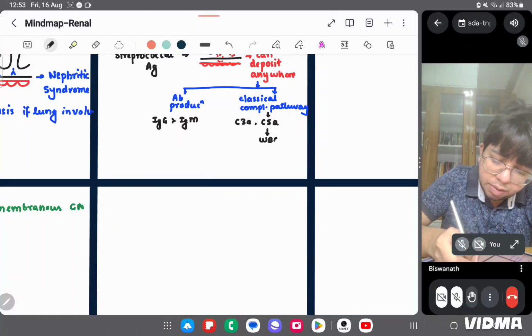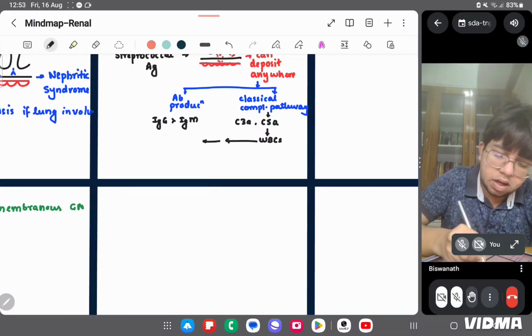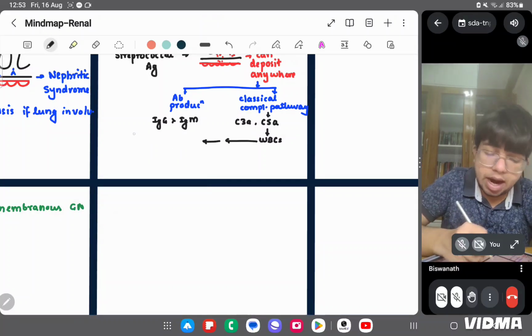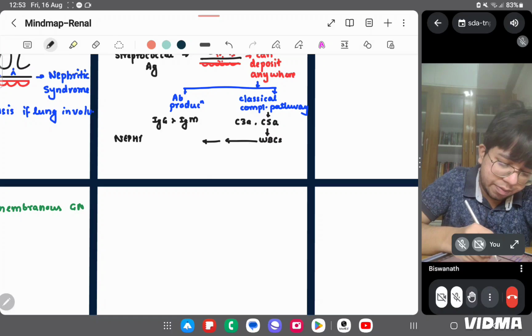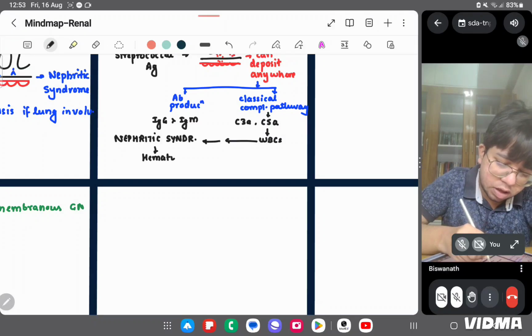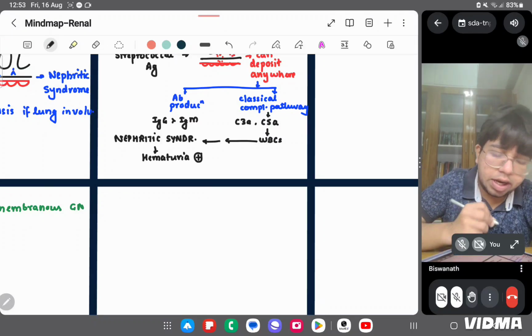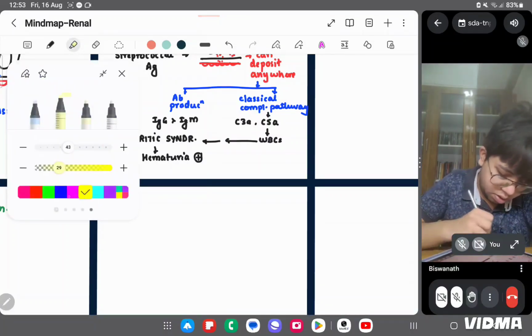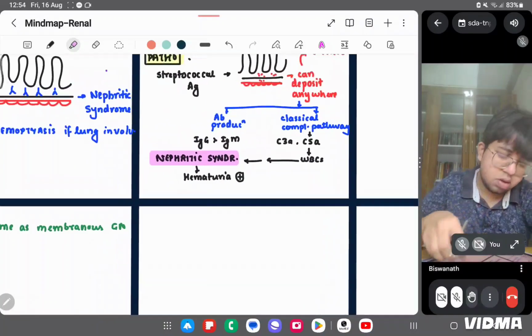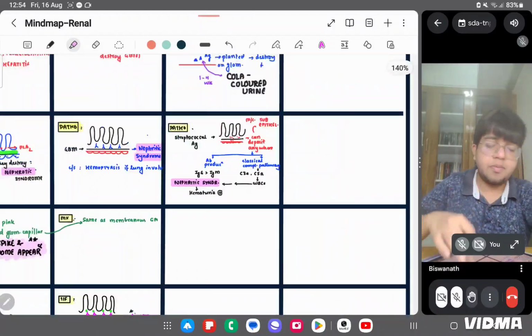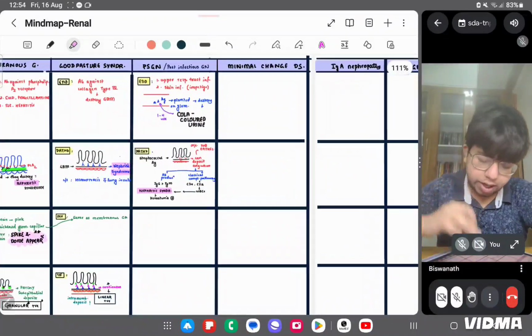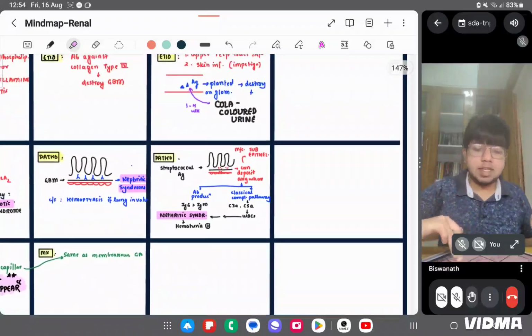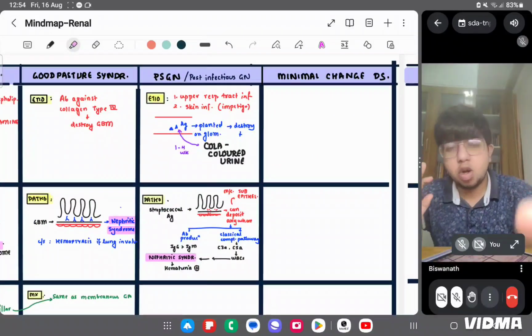This will bring WBCs, which will be seen on microscopy, and this will lead to a nephritic syndrome, and there will be hematuria present. Any nephritic syndrome will produce hematuria. In nephrotic syndrome, there is no hematuria. This is the basic pathogenesis of post-streptococcal glomerulonephritis.